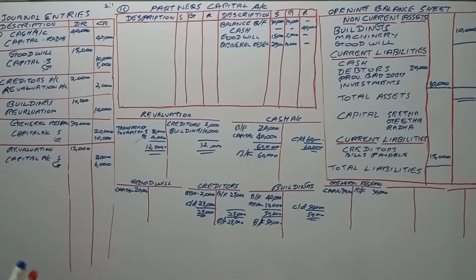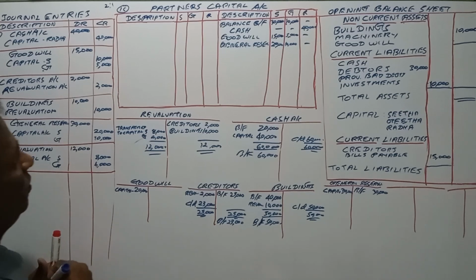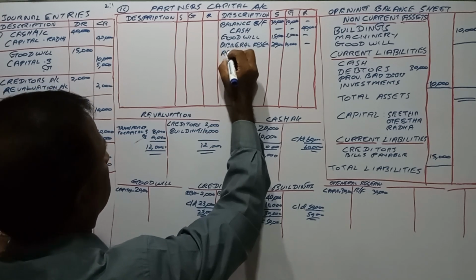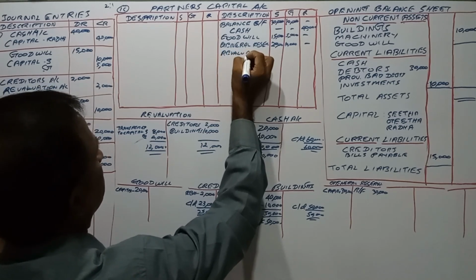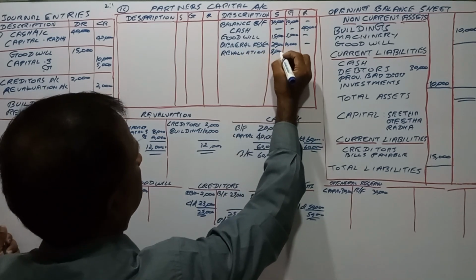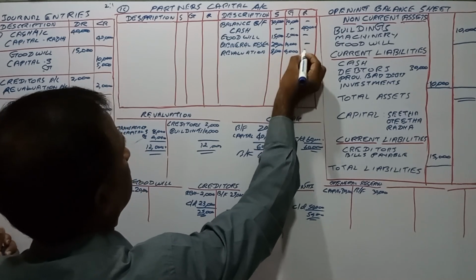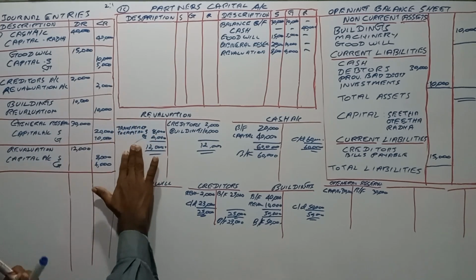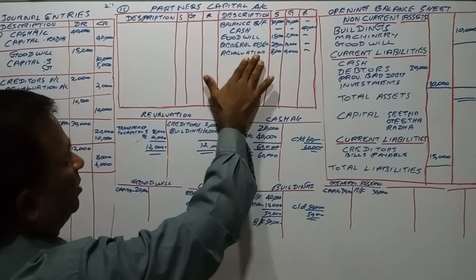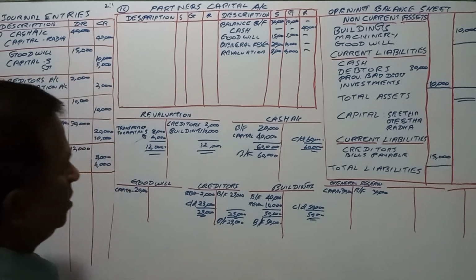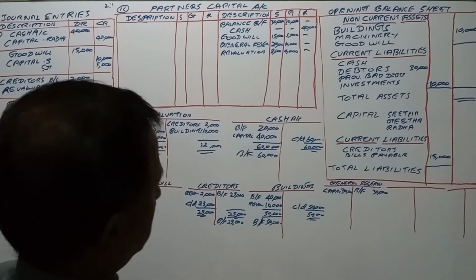That is the double entry, right? Revaluation account debit 8,000 and 4,000. Partners' capital account credit 8,000. We have completed the double entries, so we are going to balance it.